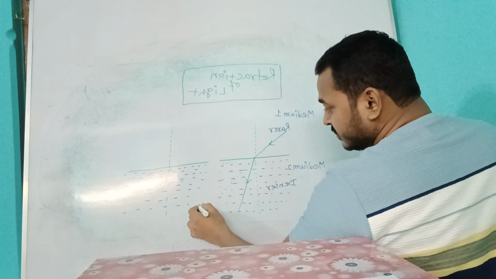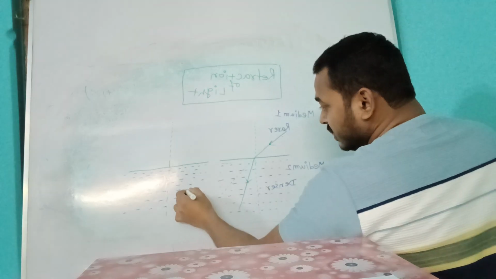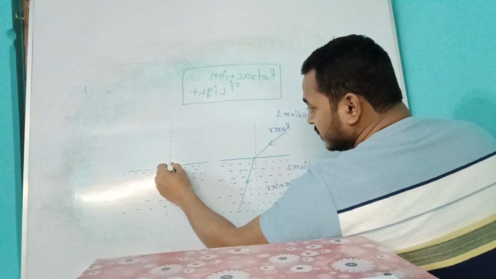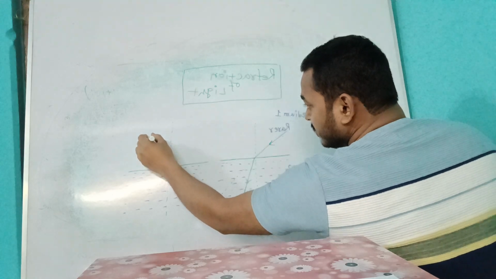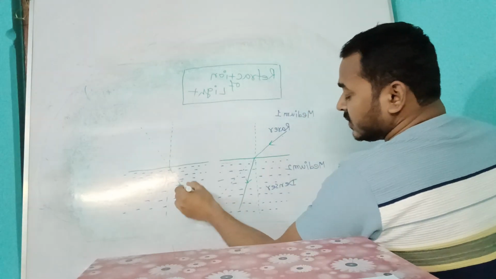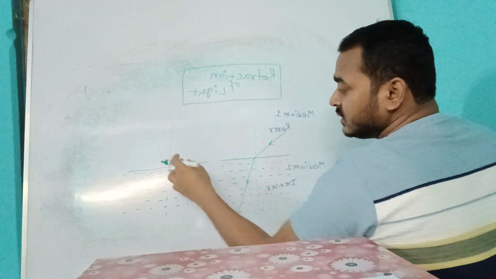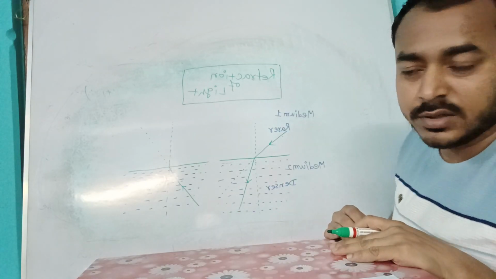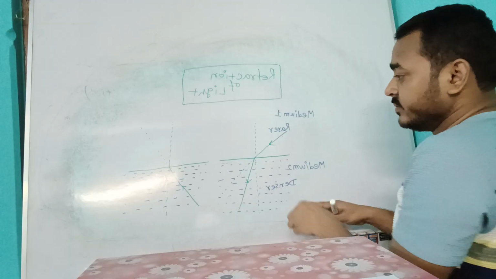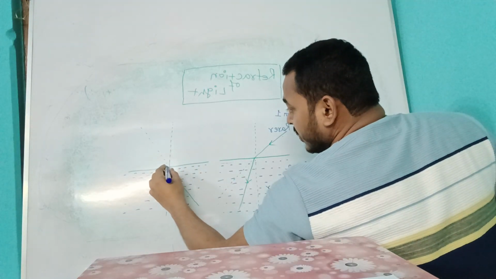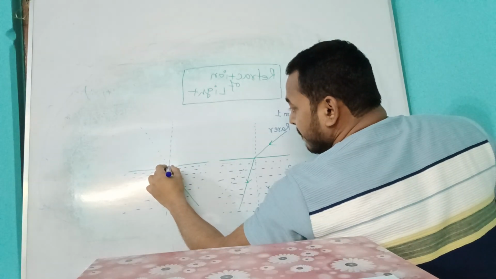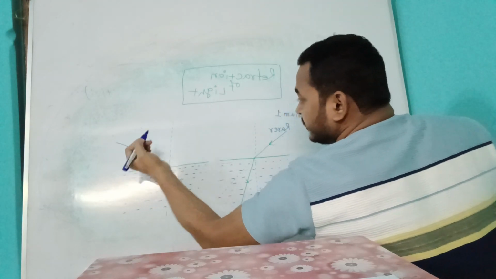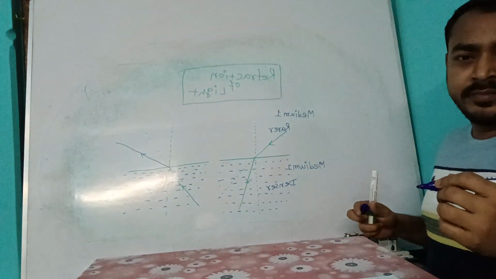Second one, in the opposite way. Now consider the light enters from denser to rarer. What would be the path? Sir, this is the path. But practically we can observe the path is this one.